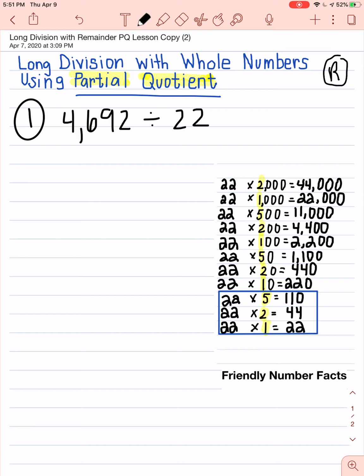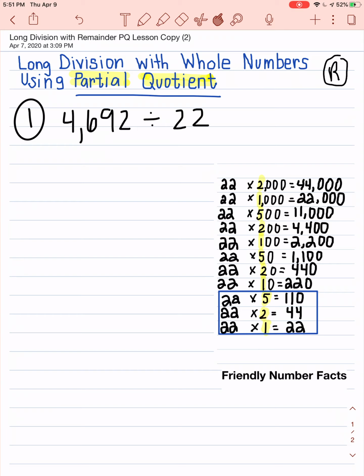Again, how we do this with my class is that we multiply the same numbers, because 1s, 2s, and 5s are easy numbers that anyone can multiply. So I already have 22 times 1 over here, 22 times 2, 22 times 5, and then the same pattern continues.